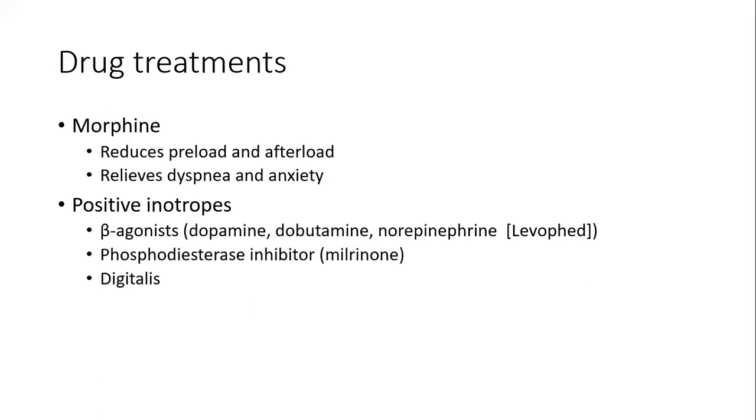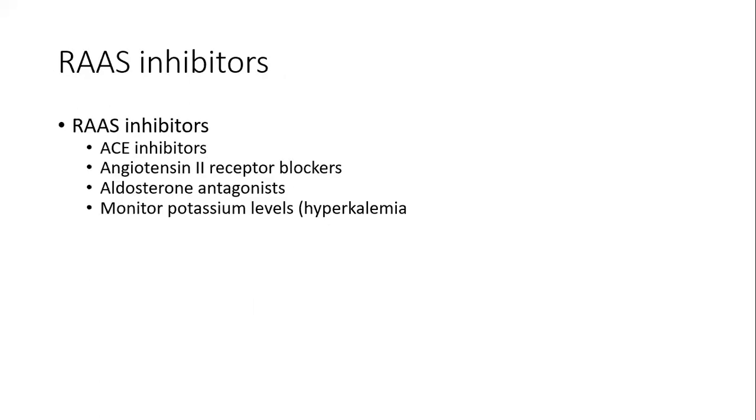Other treatments are helpful in acute and end-stage management of heart failure and shortness of breath, including morphine, which helps to decrease preload and afterload and helps relieve dyspnea and anxiety and actually makes it easier to breathe. Positive inotropes, such as beta agonists like dopamine, dobutamine, norepinephrine. Phosphodiesterase inhibitors are another, like milrinone, and digitalis, which is kind of fallen out of favor.